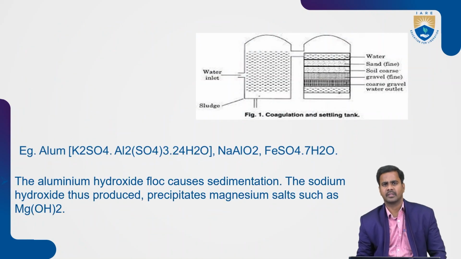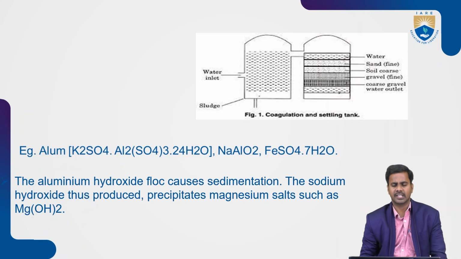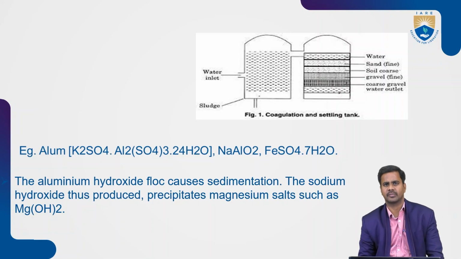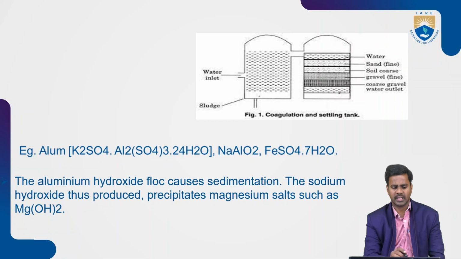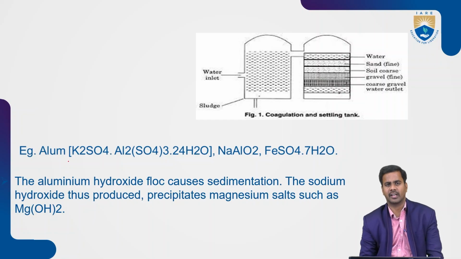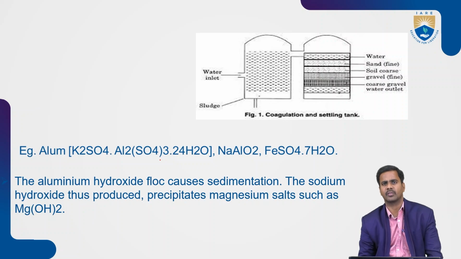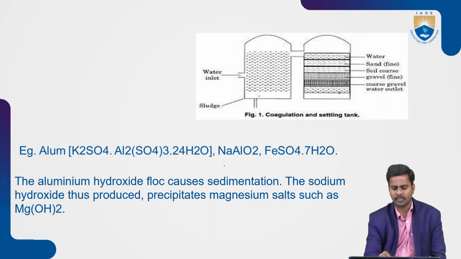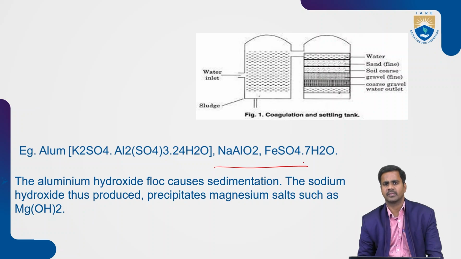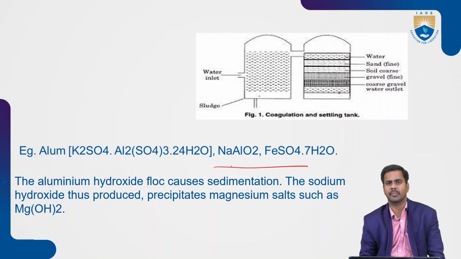Different types of alums can also be used as coagulants. Here, potash alum, K2SO4.Al2(SO4)3.24H2O, and sodium alum. The formula for sodium alum is sodium aluminate, and ferrous sulfate is FeSO4.7H2O.